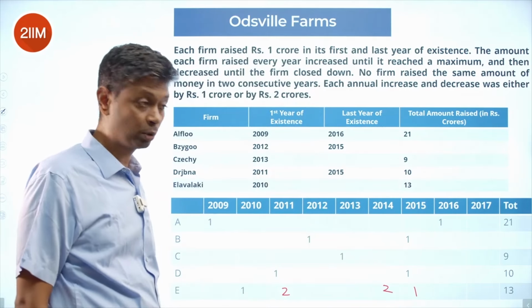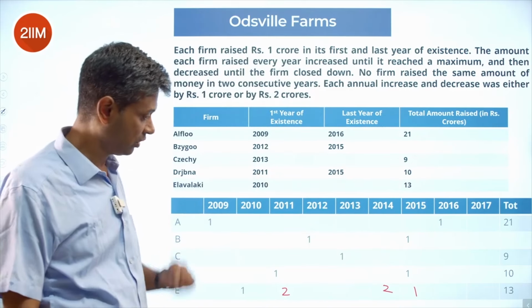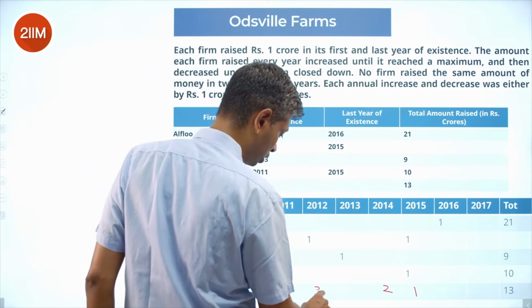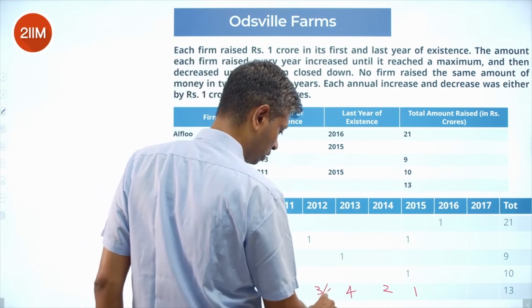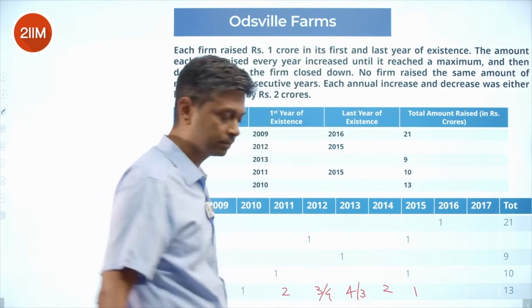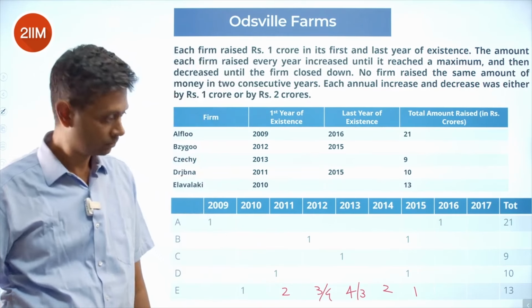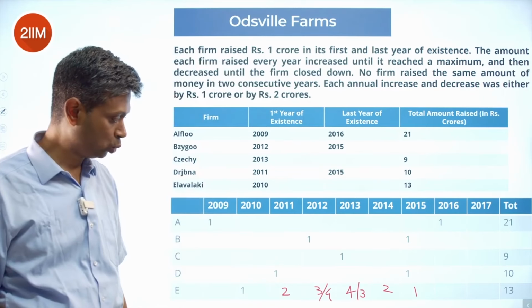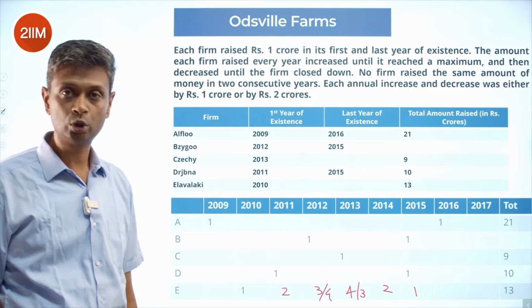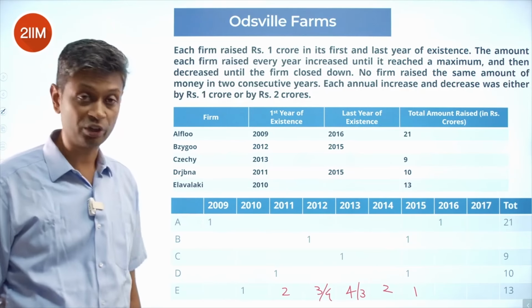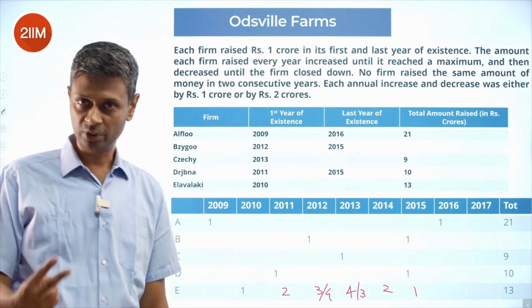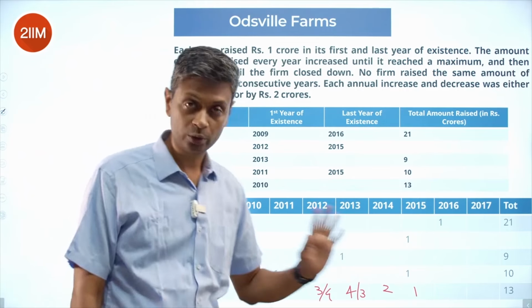Remaining 2 numbers add up to 7. We could have 1, 2, 3, 4, 2, 1 or 1, 2, 4, 3, 2, 1. 2 possibilities with putting 1, 2 and 1, 2.